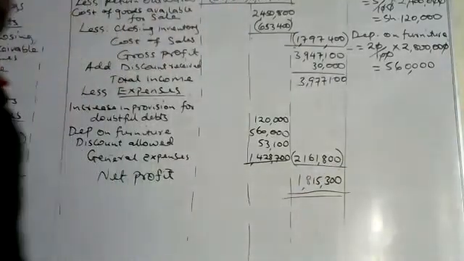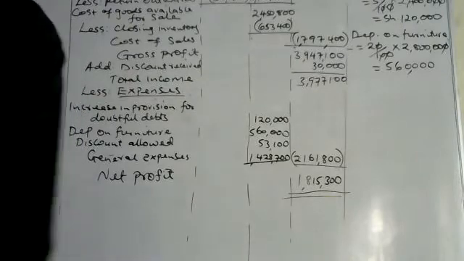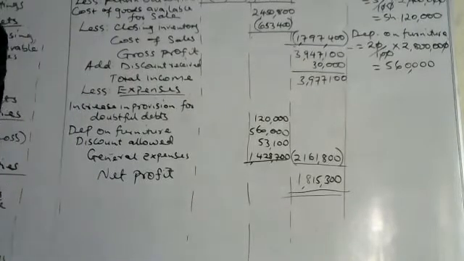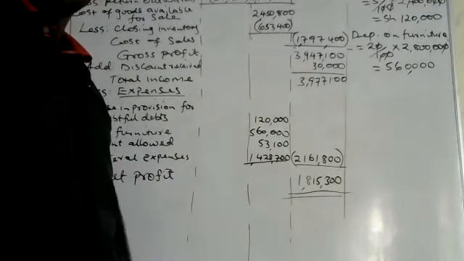Thank you. That is the end of the income statement. The moment you have arrived at the gross profit, the net profit or the net loss, that is what the question was requiring. And you have done your work.